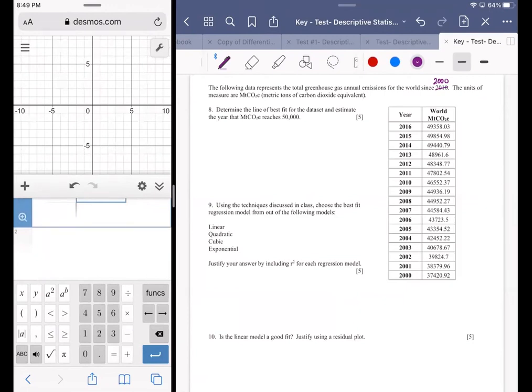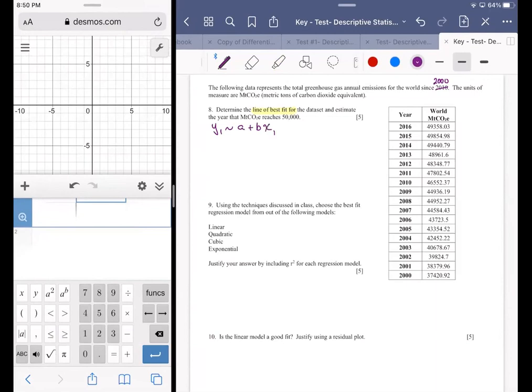Oh, it's great when that stuff's getting recorded. So anyway, determine the line of best fit for the data set and estimate the year that the metric tons of carbon dioxide equivalent reaches 50,000. All right. So what you're going to type in for a line of best fit, because again, we're at the point where it's just like, we got to get it done, is y1 tilde a plus b x1.